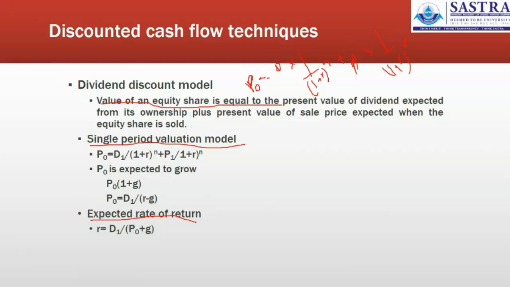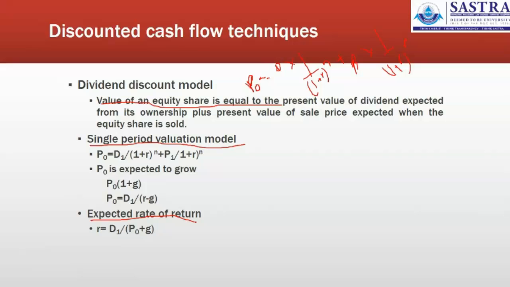But in case the intrinsic value is given in the problem, along with the dividend, the growth rate and the market price at the beginning, you need to estimate what rate of return is expected by the investor. It is based on the expected rate that we can calculate.